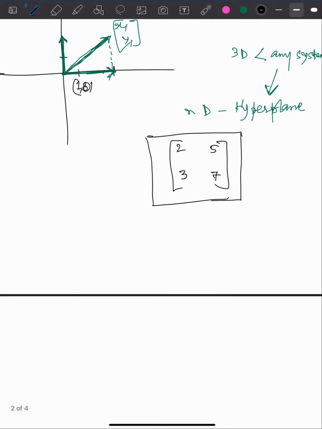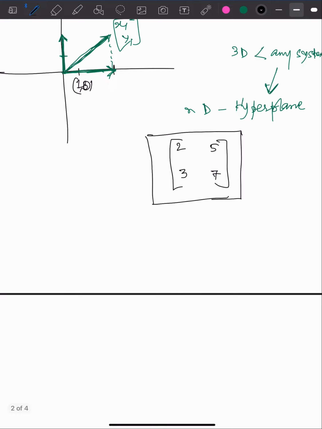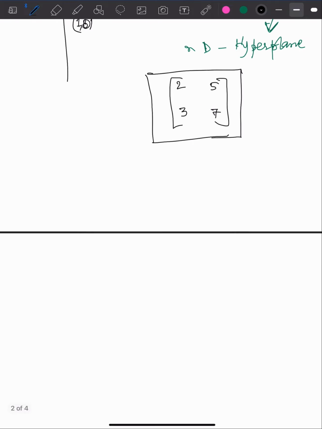So our first question would be, what will be the new form of the 1 0 vector? The new form of the 1 0 vector would be 2 3.